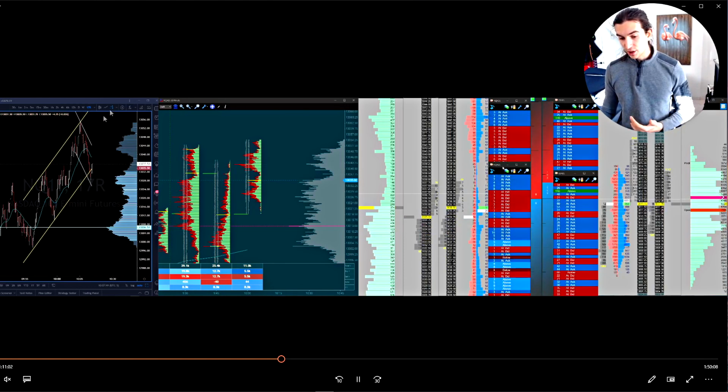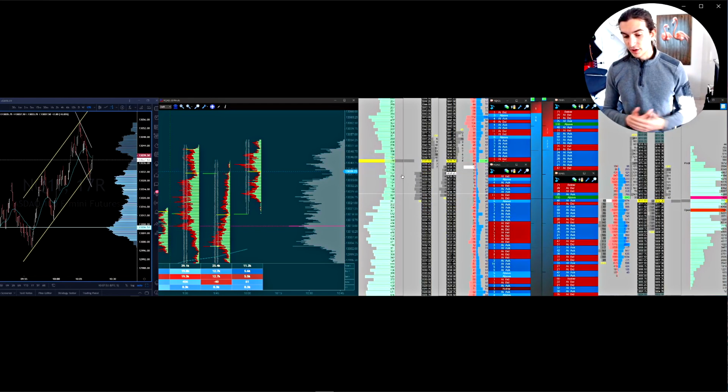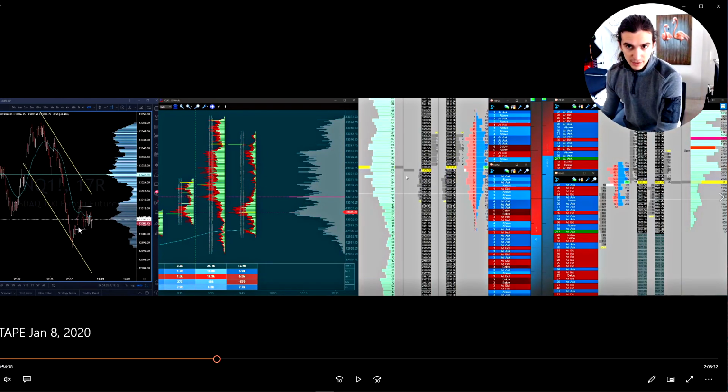So I use these regression channels just to get a general picture of if the major rotation is up or down or sideways. These are 17 tick range bars, and over here you can see that there's about 10 ranges that took place all in the same price range.